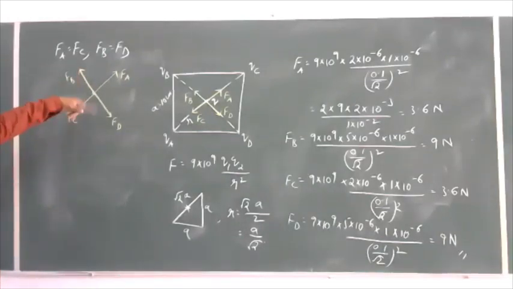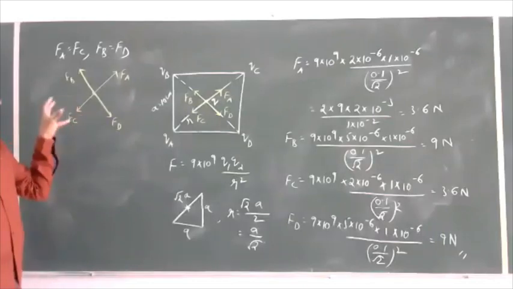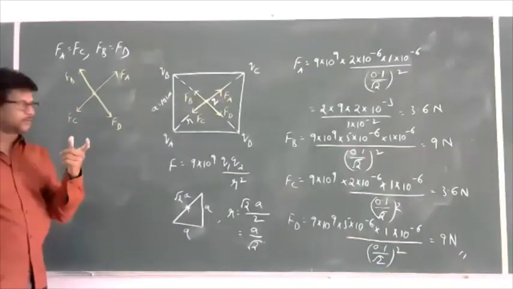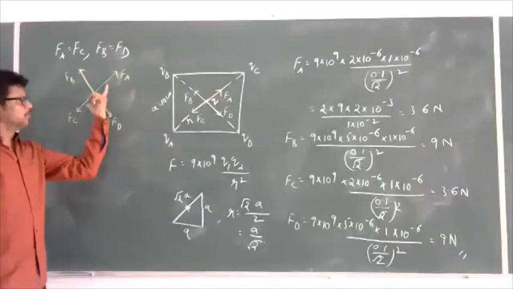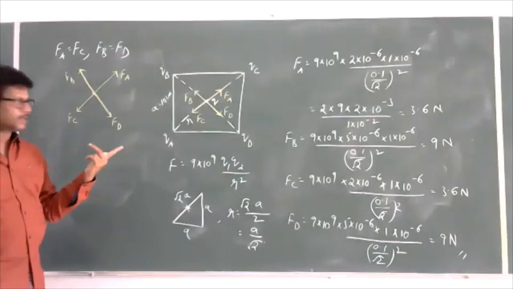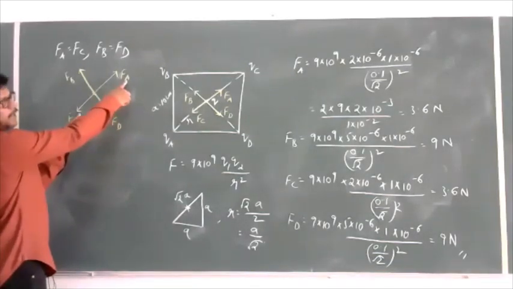We don't have any formula directly to find the resultant of more than two forces. So every time you have to take initially two forces, and then simplify further. Because of that reason, I am taking FA and FC.